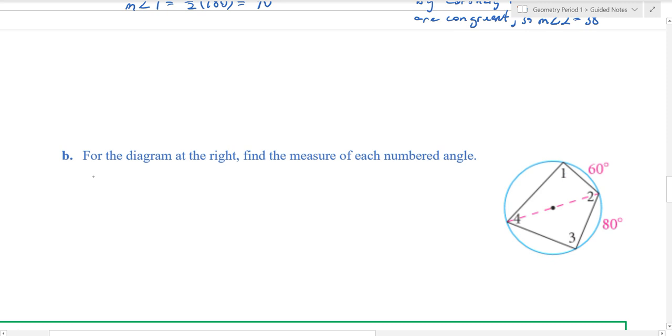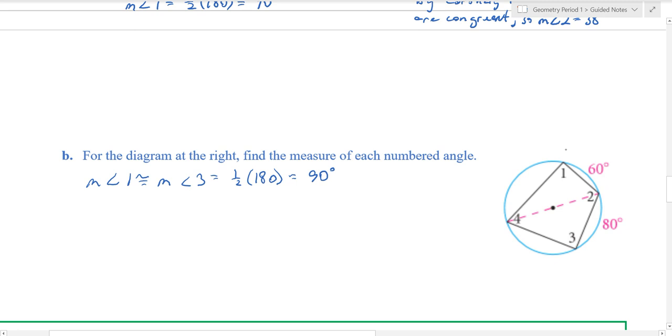So we can say that the measurement of angle 1 is congruent to the measurement of angle 3, which equals 1/2 of 180, which gives me 90 degrees. All right? So that's one thing that we have. Then we can say the measurement of angle 4. Angle 4 is inscribed over here, and it intersects this arc right here.